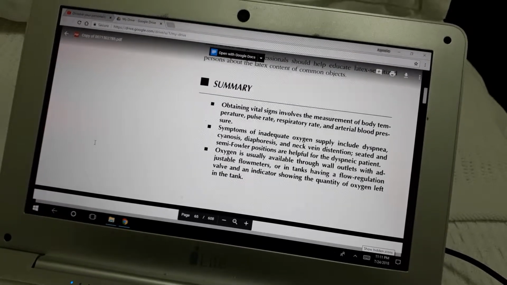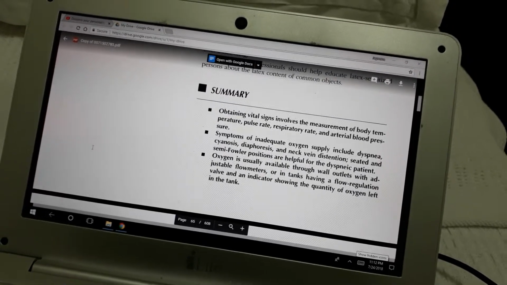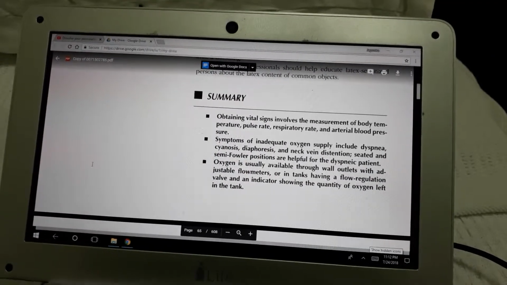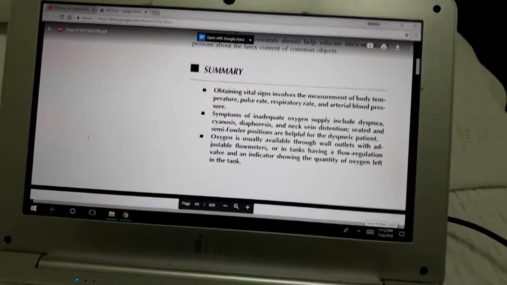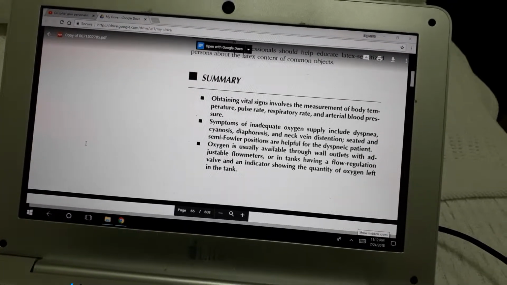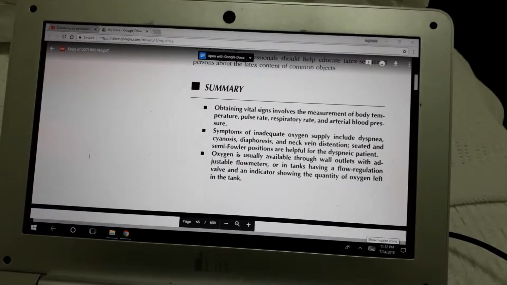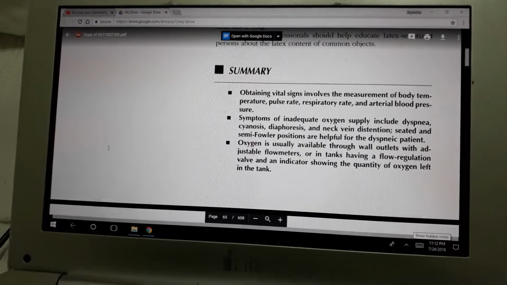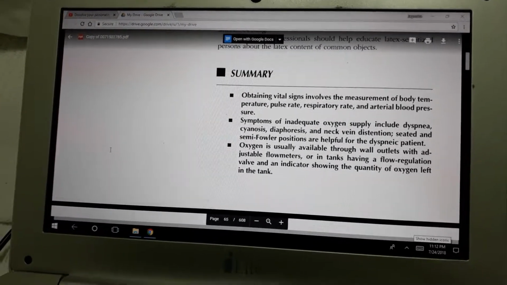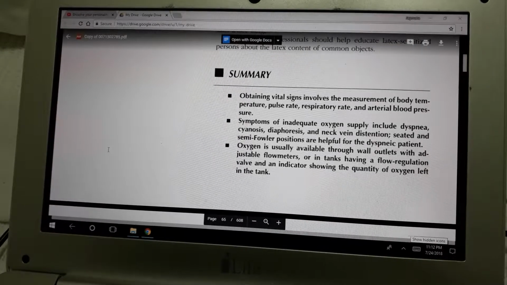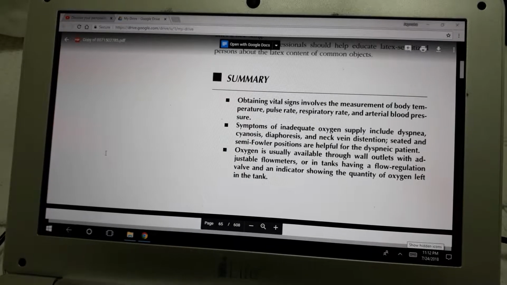Oxygen is usually available through a wall outlet with an adjustable flow meter, or in a tank having a flow regulator valve and an indicator showing the quantity of oxygen left in the tank.